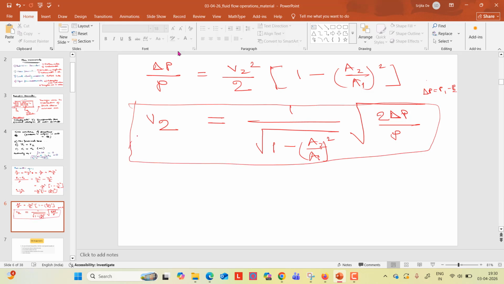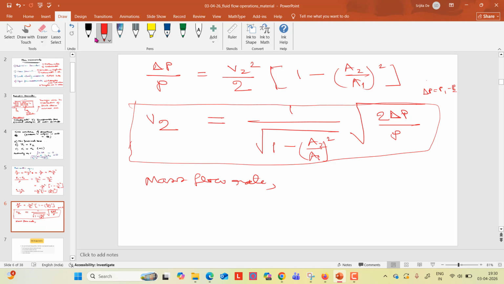Now for flow measurement, that means the mass flow rate, it will be m dot, right? We know the average velocity V2 into area, which is the volume flow, and then we multiply with rho, the fluid density.